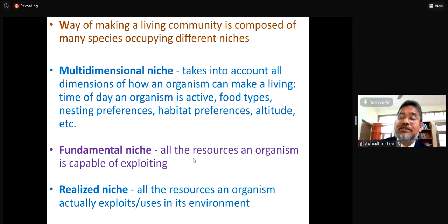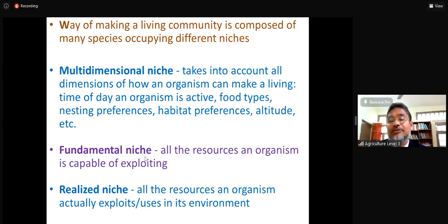There are many resources and the capability of the organism of exploiting all the resources is called the fundamental niche. There can be many things, and if an organism can utilize and exploit all of them, that situation we call the fundamental niche. And the realized niche is all the resources an organism actually exploits and uses in its environment.